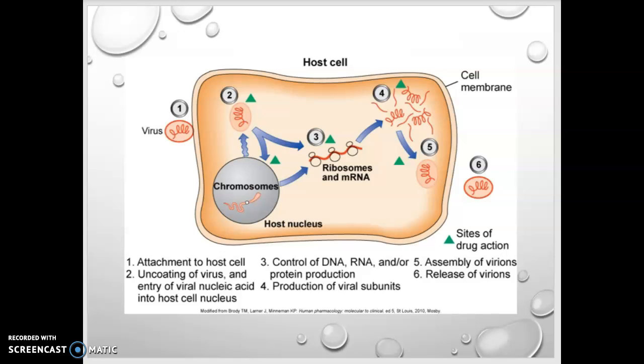They're viral subunits. So then the virus will take these and construct completely new virions. That's our step 5. So ultimately, we have a release of the virions, which then leave the host cell and spread to infect other cells.